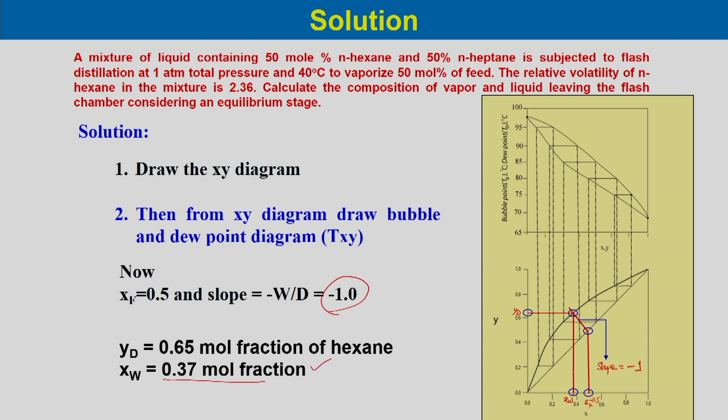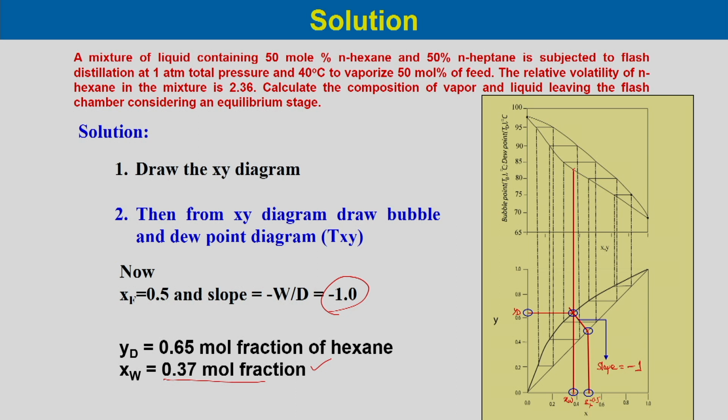Once you calculate YD and XW, we need to calculate the temperature of the mixture at the bubble point temperature. To calculate it, we draw a vertical line from this intersection point, which meets the bubble point curve at this location.